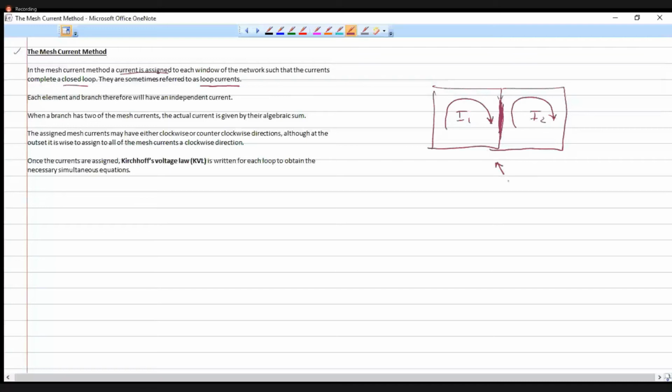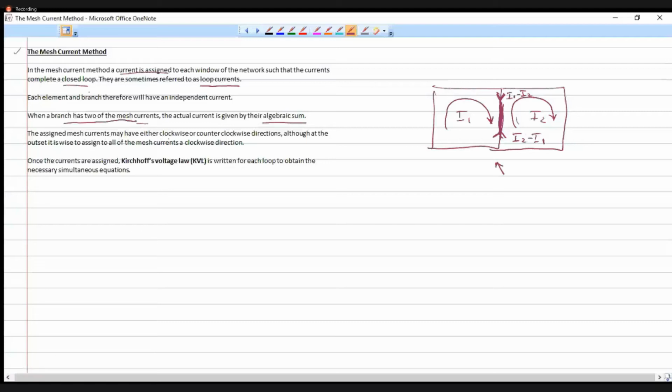I have to take it as the algebraic sum of these currents. So I have to take either I1 minus I2 like this, if I am traversing like this. In this direction I1 is flowing, and opposite to that, I2 is flowing. When I traverse in the other manner, I have to take it as I2 minus I1. So take the algebraic sum when a branch has two of the mesh currents. Okay.